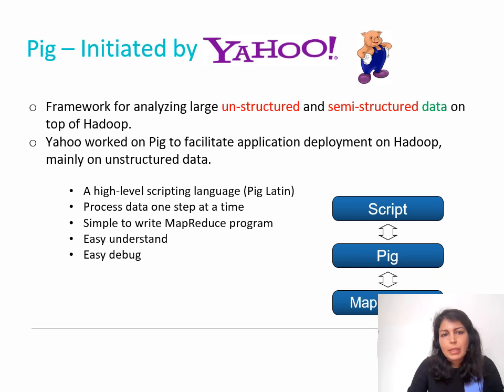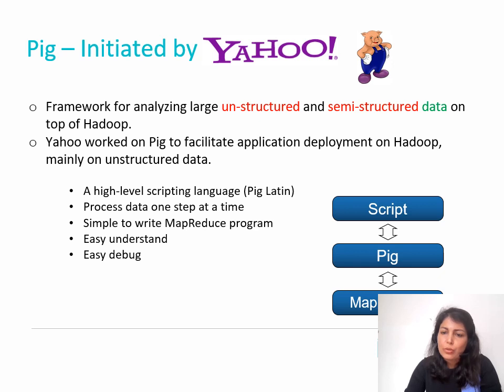As I said, Pig has been developed by Yahoo. It's a framework on top of Hadoop for analyzing large data. So actually it's for unstructured and semi-structured data. As you can see in this picture, in Pig you just need to write a script, because it's based on a high-level scripting language.